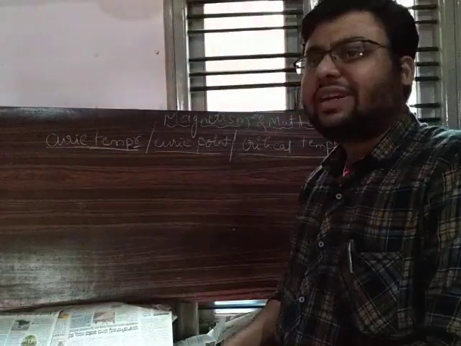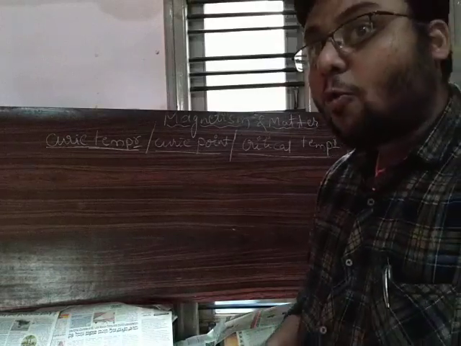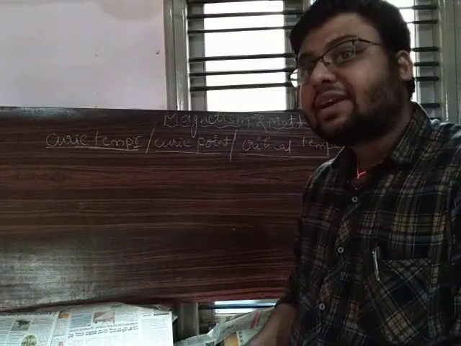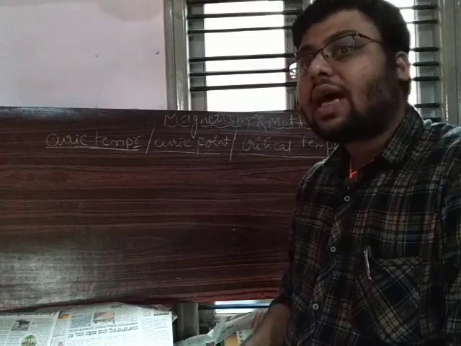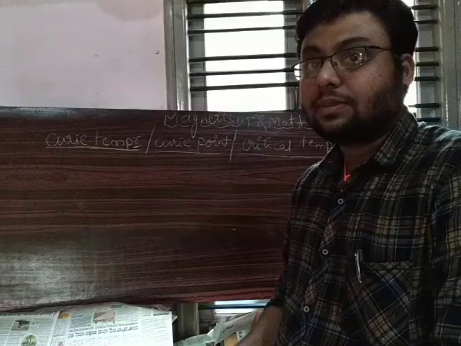So Curie temperature means it is the temperature above which the ferromagnetic material behaves like a paramagnetic material. Listen carefully.